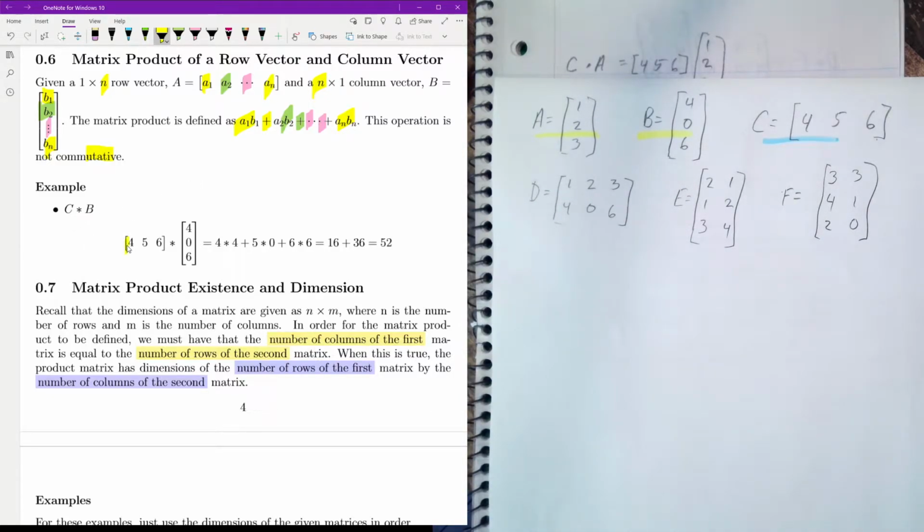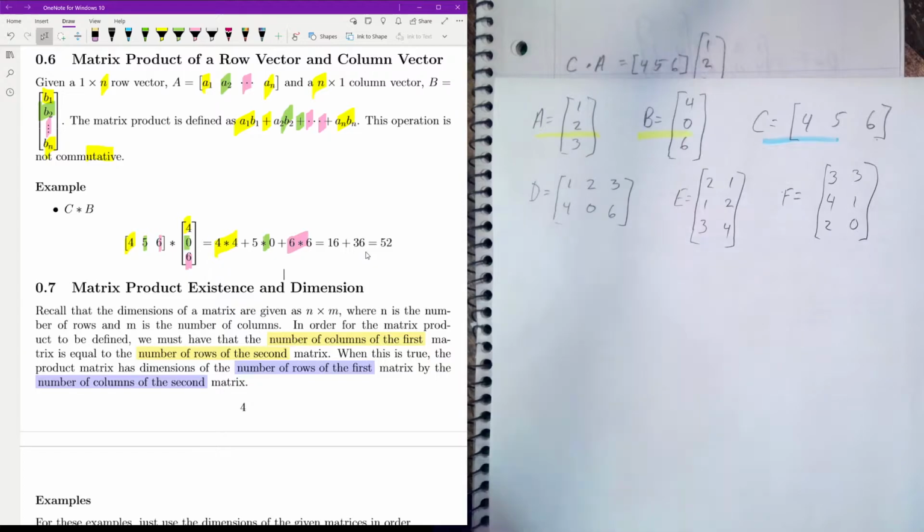Take the first, 4 times 4, that's this, plus 5 times 0, plus 6 times 6, which gives us 16 plus 36 and is equal to 52.